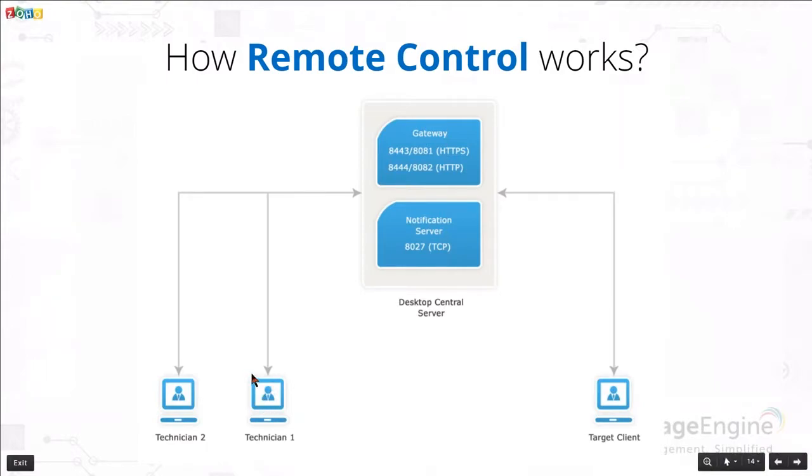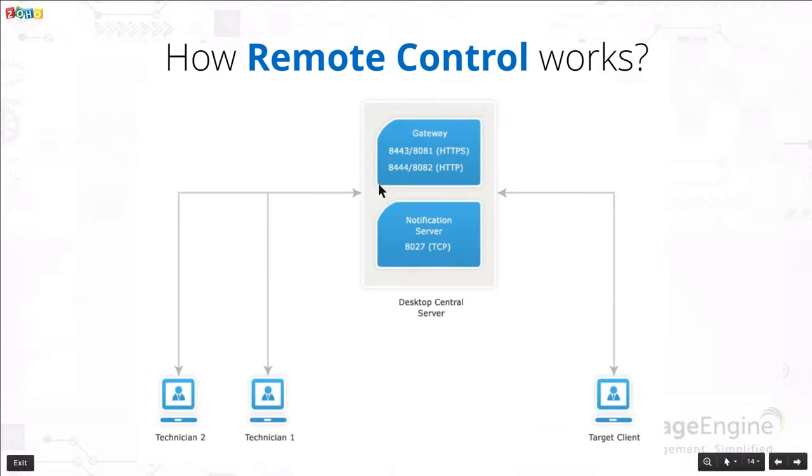Now we also support multi-technician view. Let's assume that on the same session another technician logs in and joins the same existing session. Once technician 2 clicks on connect, it sends a request to the main Desktop Central server, where the gateway port listens to the request, and it already has intelligence that an existing session is running.